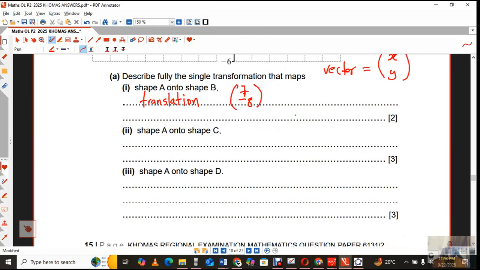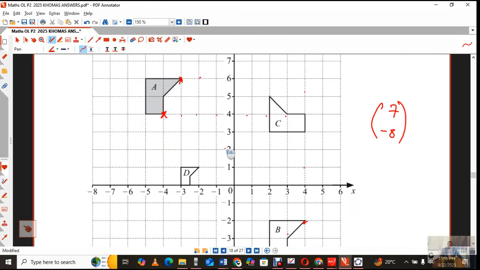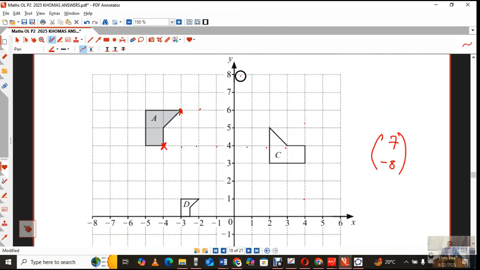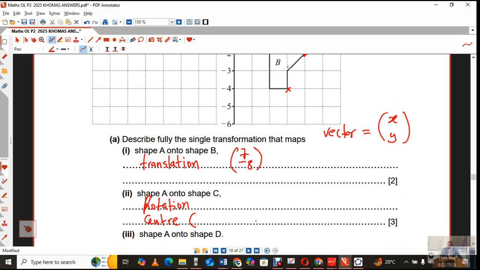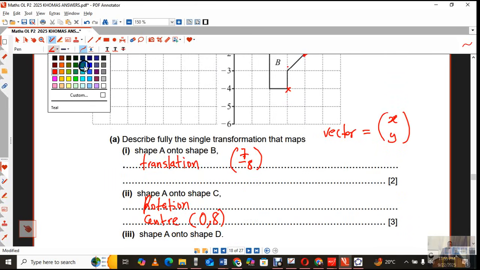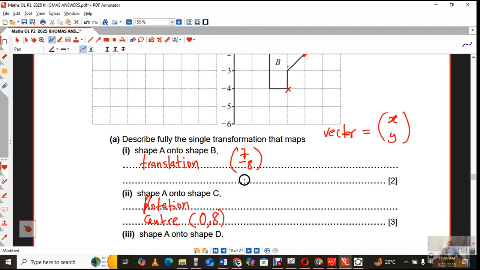So for this one, it's 3 marks. It's rotation. The center of rotation, as I showed you over there, is all the way over here. That's where the center will be, which is the point (0, 8). Another thing worth mentioning is the angle. If I write minus 270 degrees, it means clockwise.